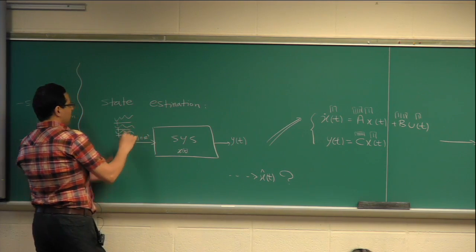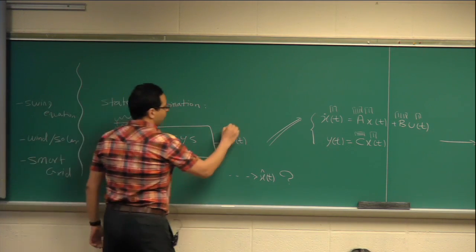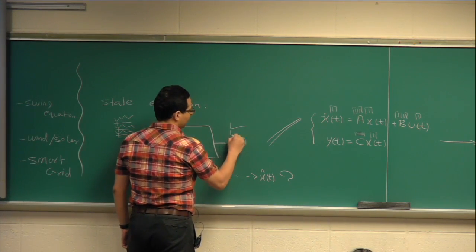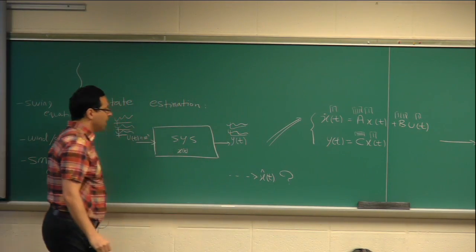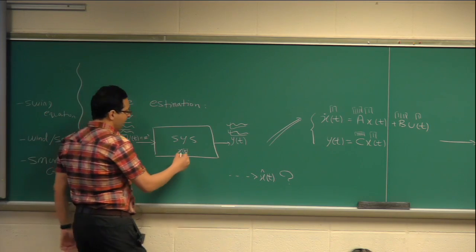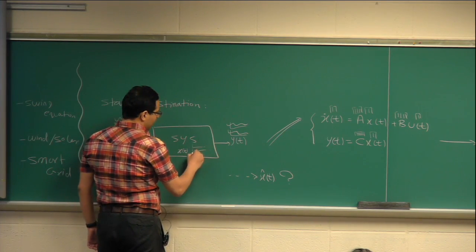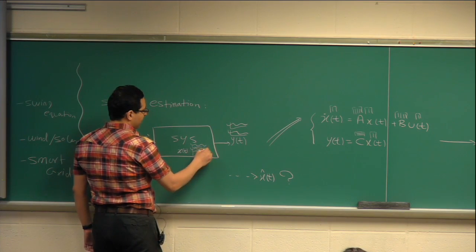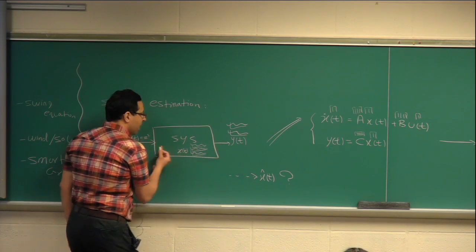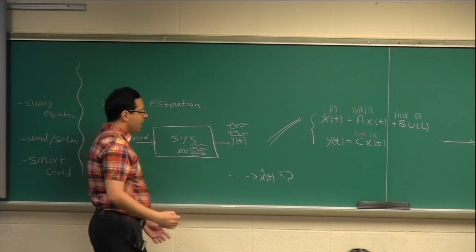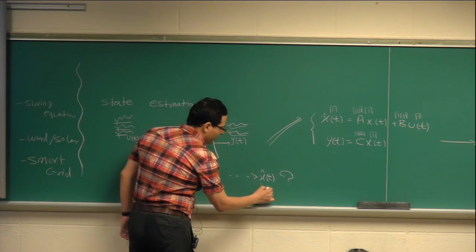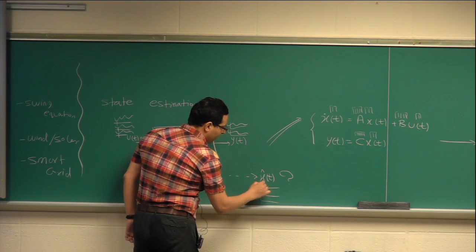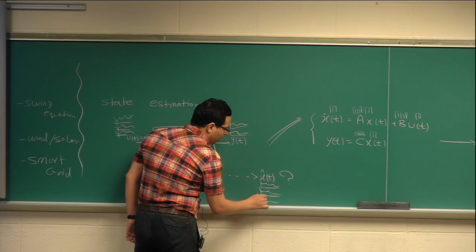So u is a vector of signals, y is a vector of signals, each entry of y is a signal, and I want to calculate x. Depending on the dimension, like if it's 3-dimensional, we're going to get 3 entries, and each of them moves on in time. And state estimation wants to do the following. We're going to get a bunch of signals.